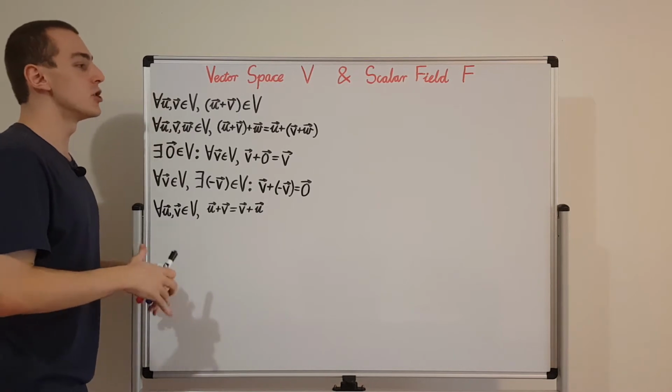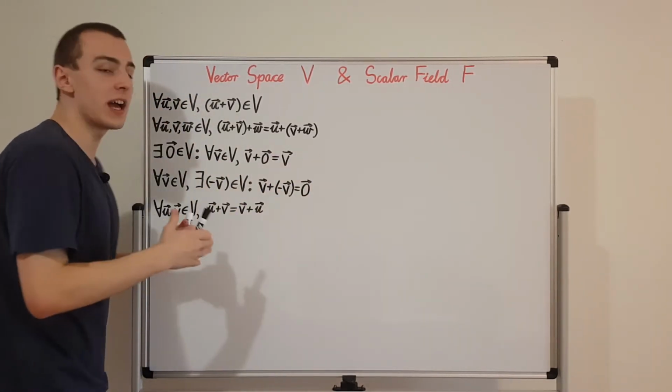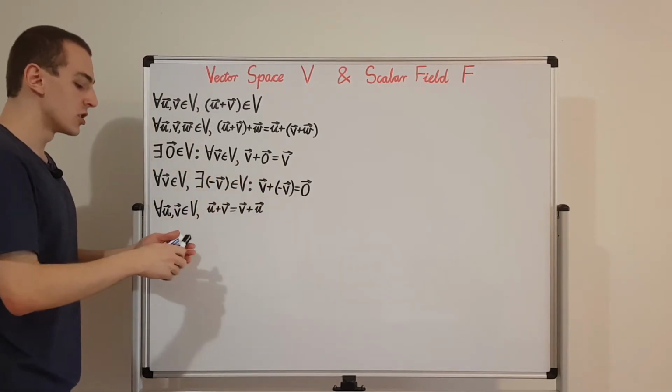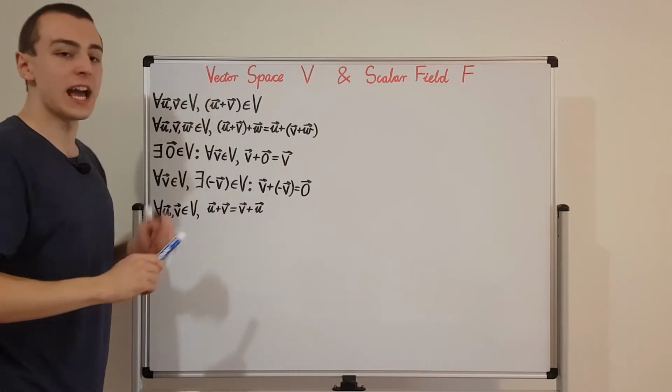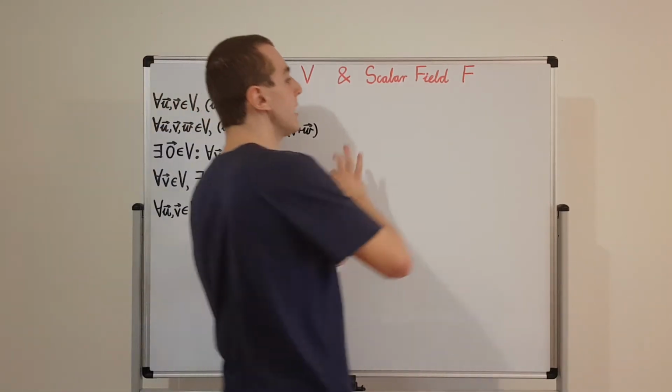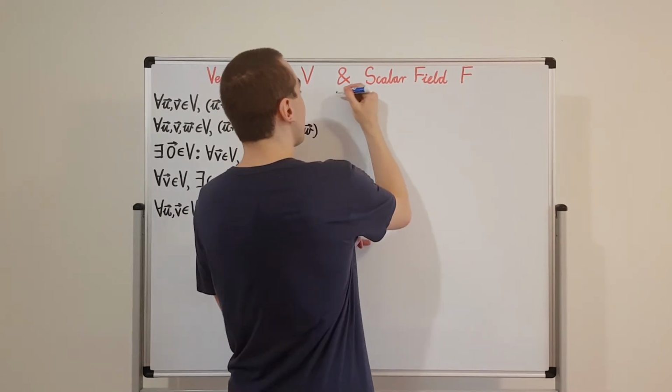Now we have to go to the scaling part of the story, because vector spaces don't just have addition, they also have that scaling operation. So we're actually going to have some analogous axioms for scaling. We're also going to have closure. So let me define this scaling operation. First, what I want to do is take any vector v.